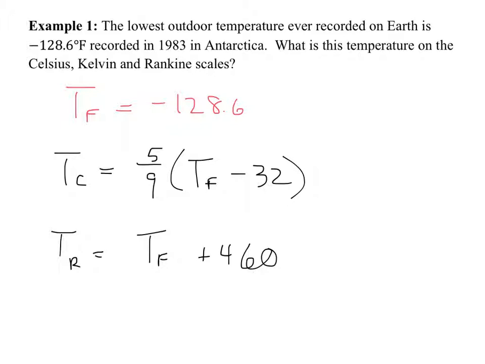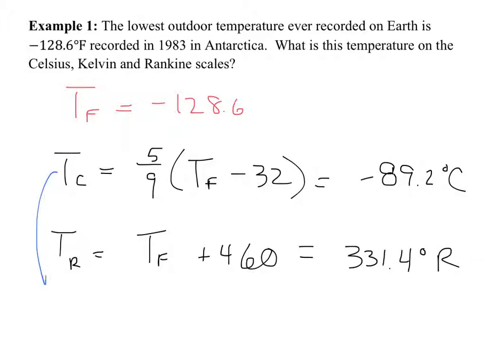So we can do these first. Plugging those values in, I'm going to give them to you for the sake of time. Negative 89.2 degrees Celsius, 331.4 degrees Rankine. And then once I have Celsius, I could take that number and convert that to Kelvin.